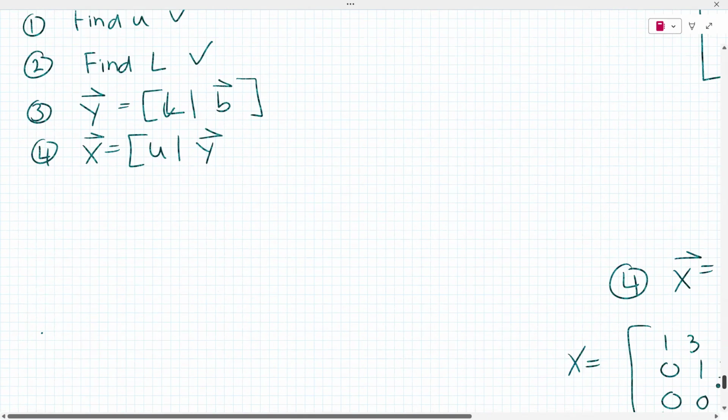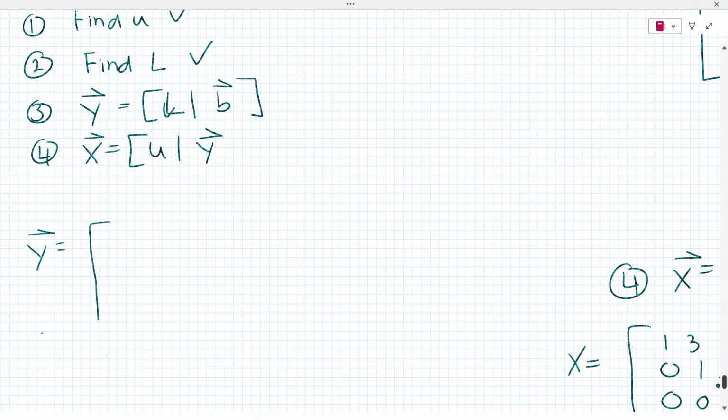So step 3, we've got to find vector y, which is equal to matrix L augmented with vector b, which we have, right? So it's matrix L, which is 1, 0, 0, -2, 1, 0, 3, 2, 1, augmented with vector b, which is 1, 3, 6.